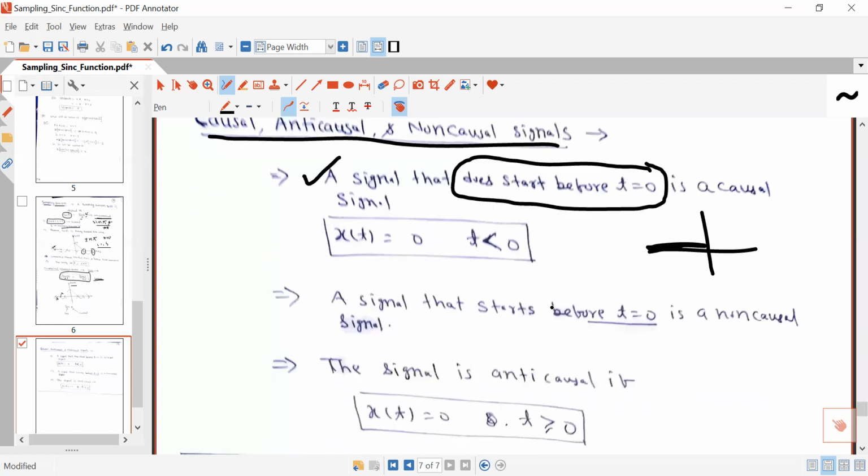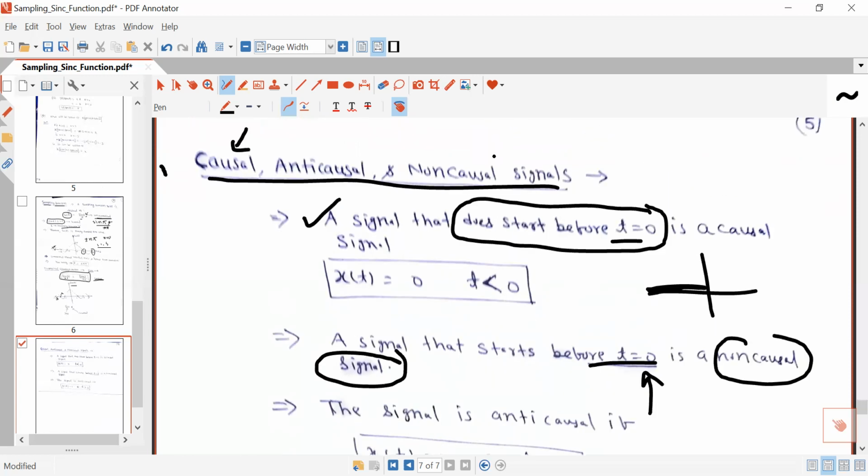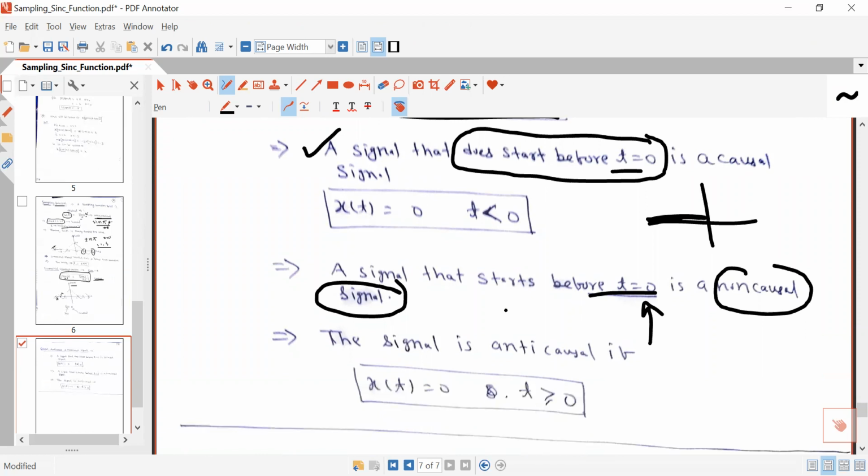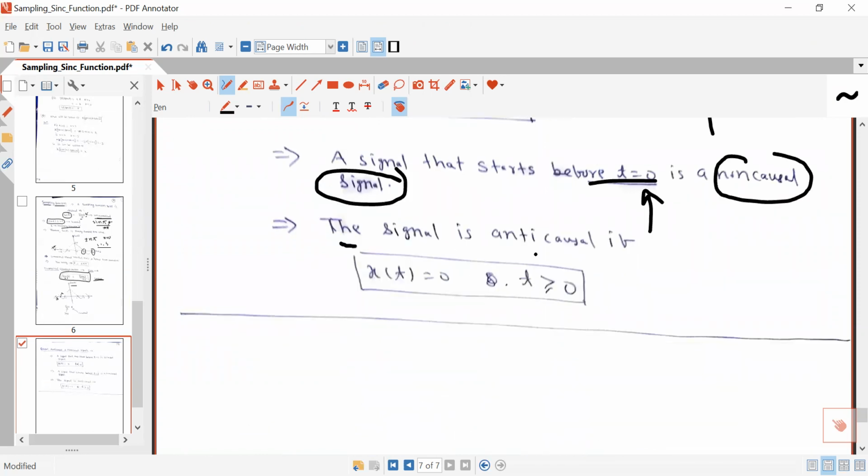And what is an anti-causal signal? A signal that starts before t equal to 0 is a non-causal signal. So one is a causal signal and another is a non-causal signal. The signal is anti-causal if x(t) is 0 for t greater than or equal to 0.